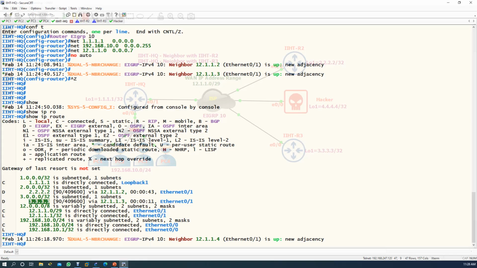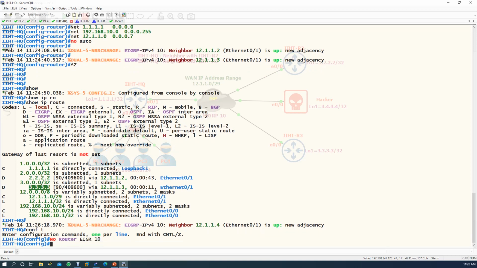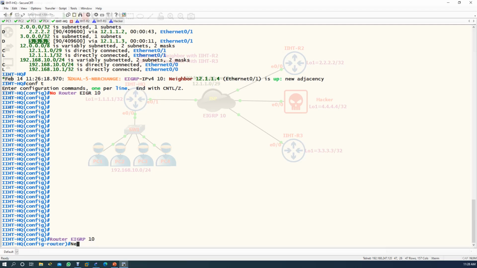So come here to IST headquarter. First you say conf t, no router EIGRP 10. First remove the routing, and then you say router EIGRP 10, network 1.1.1.1.